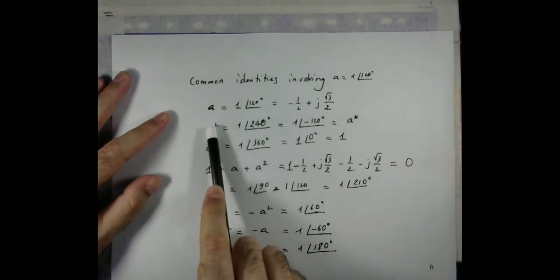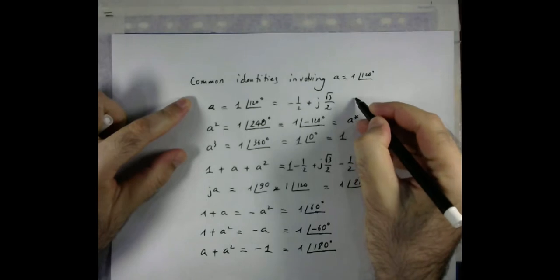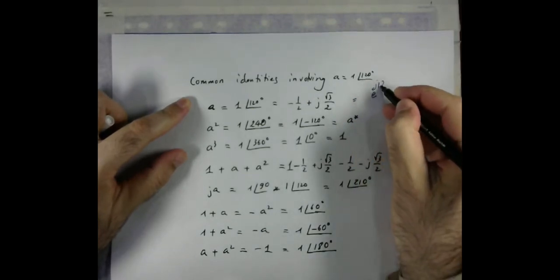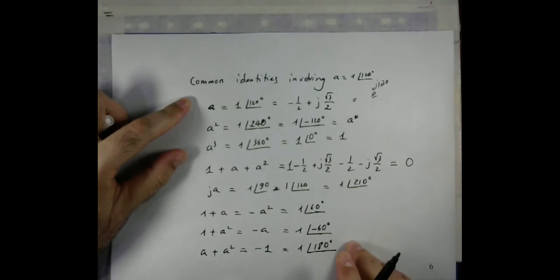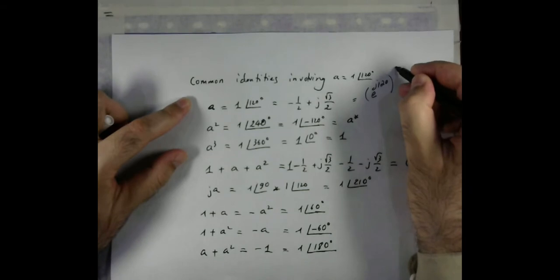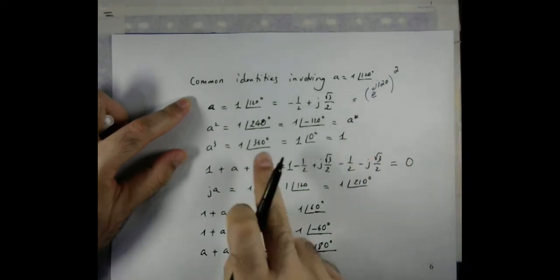A squared: as we know, this quantity 1 angle 120 can also be written as e^(j120), the exponential form. If it is multiplied by a squared, this will become 240, which is shown here.